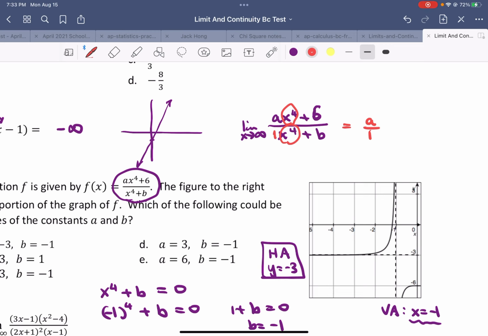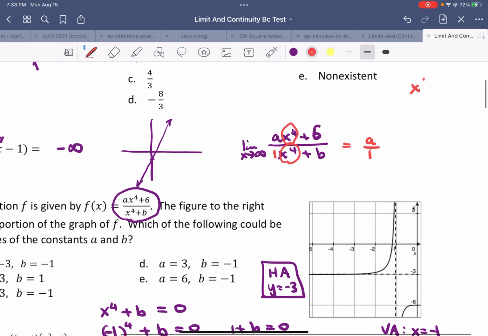For horizontal asymptotes, as x approaches infinity, if the denominator has a higher power, say x to the fourth over x to the fifth, then it will go to 0, so y equals 0 is the horizontal asymptote. What if the numerator has a higher power, like x to the 6 over x squared? Then you don't have a horizontal asymptote.